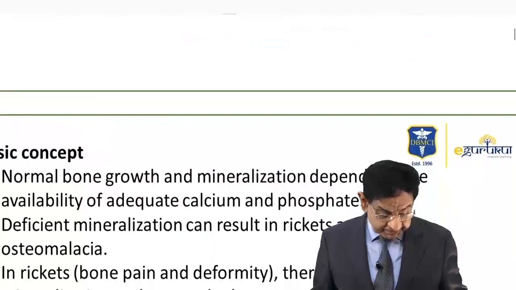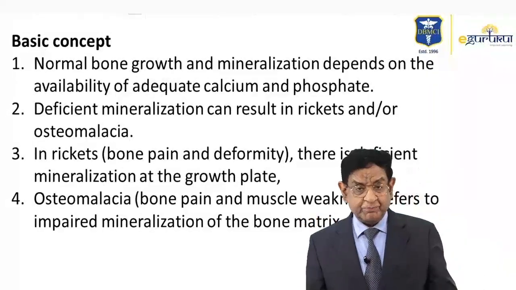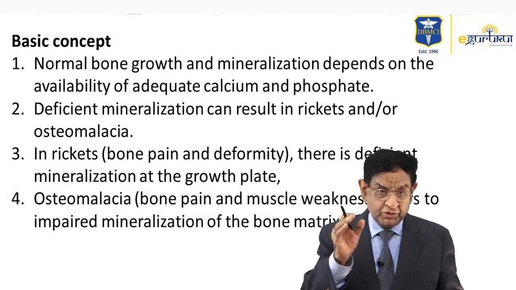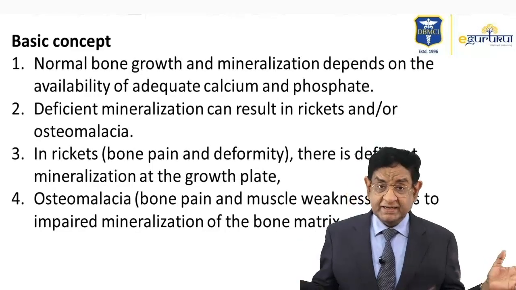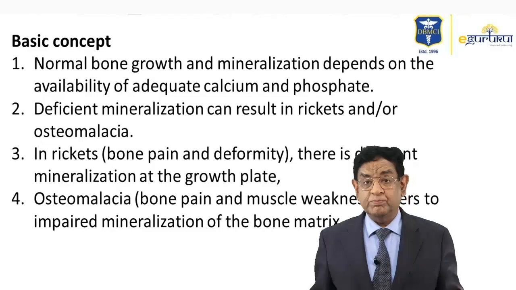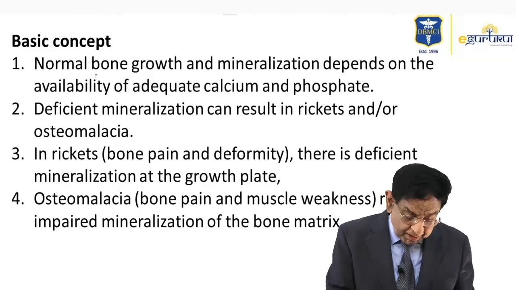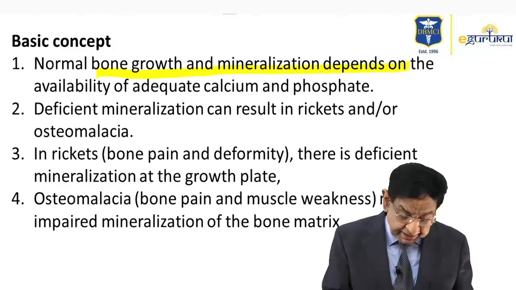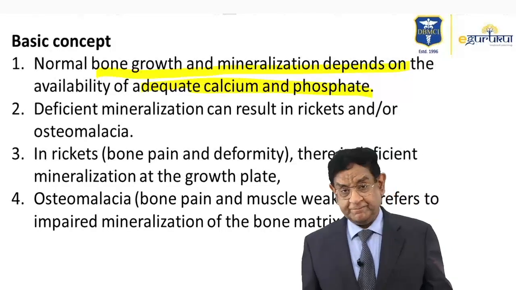With this background, in new bone formation, cells are being made by the metaphysis, but ultimately it has to be calcified so that the bone becomes solid. Normal bone growth and mineralization depend on the availability of calcium and phosphate.